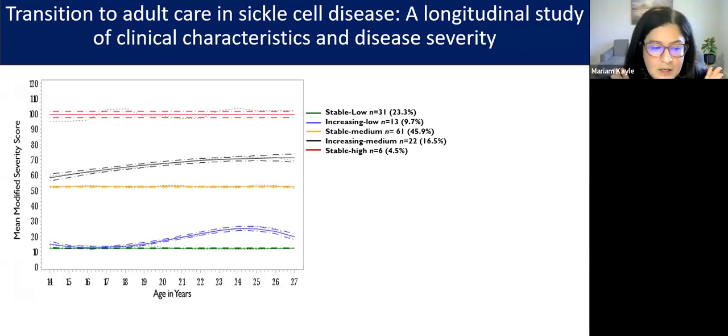So let's say at age 18, we have data on, for example, patients who left their house and ended up going to college, and now they're not taking their medications and not going to their doctor's appointments. We could look at those variables, whether they're contributing to whether the patient ends up on the green trajectory or on the blue trajectory with increasing severity.